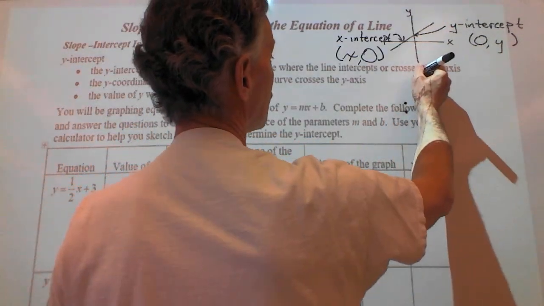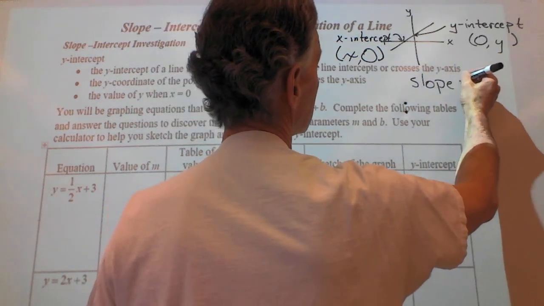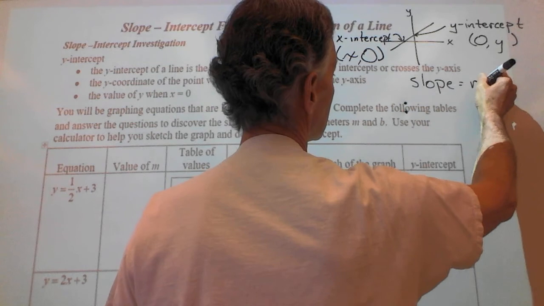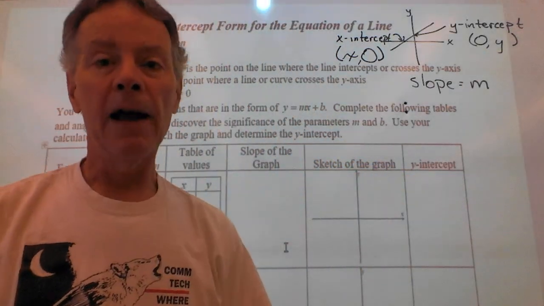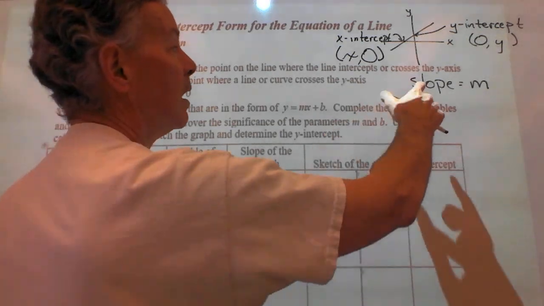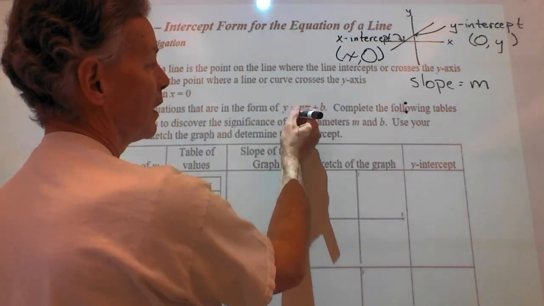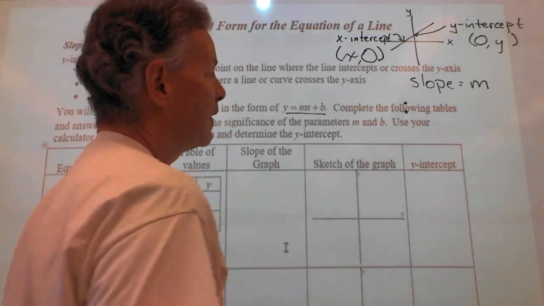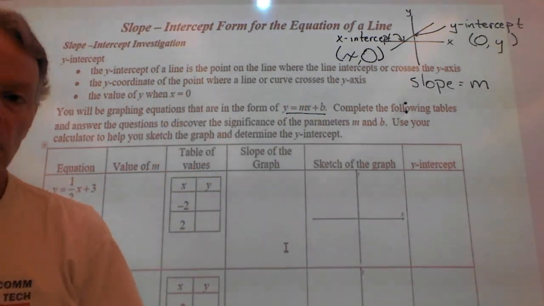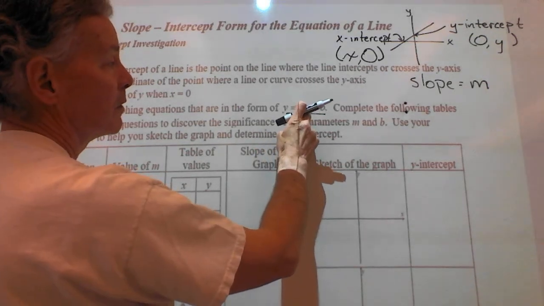Okay? So, the slope, remember, takes the variable m. Okay? And the slope-intercept equation is right here. This is the generic form of the slope-intercept formula. Okay?